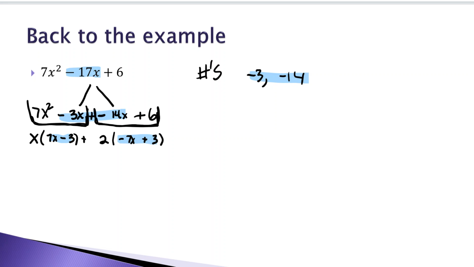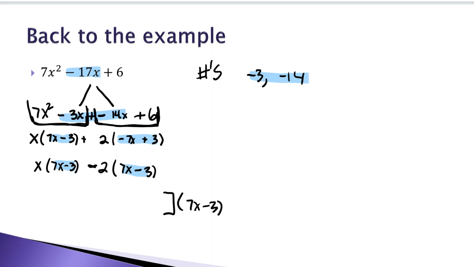So what I'm going to do is change this. Instead of factoring out a 2, I'm going to factor out a negative 2. And that'll turn this into a 7x minus 3 when I factor that negative out. Now these two guys match, and here's my factorization. 7x minus 3 is one factor.